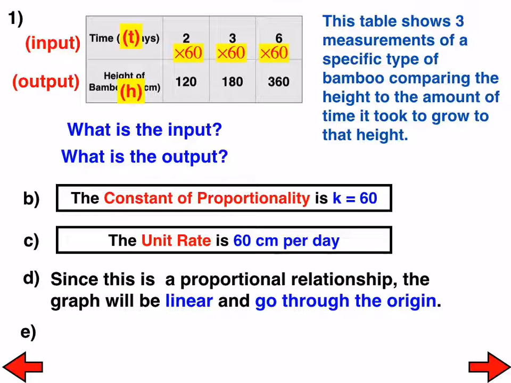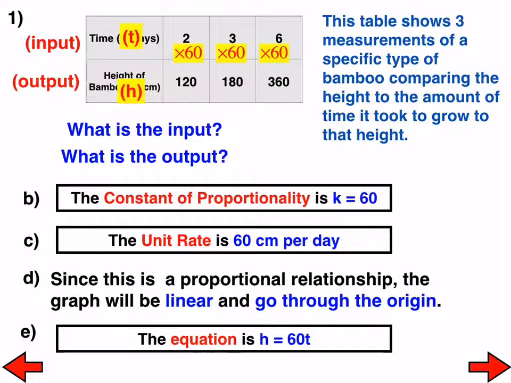I mean, technically, we could use anything we wanted to, but h makes sense. And I'm using t for time. So use variables that make sense within the problem. So that means our equation would be h equals 60t, because of the variable choice that we made there. Okay?